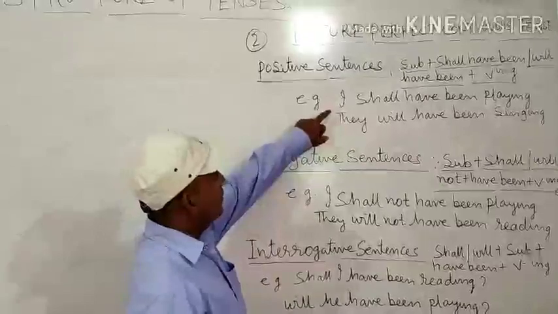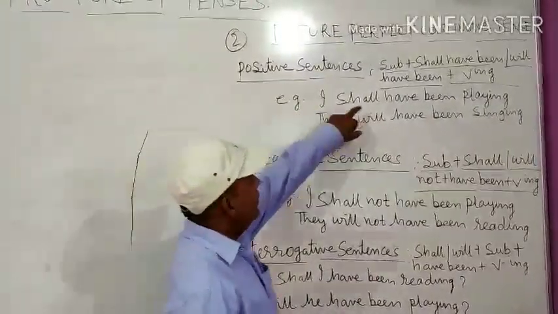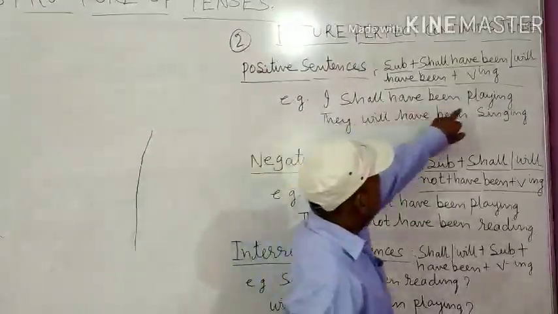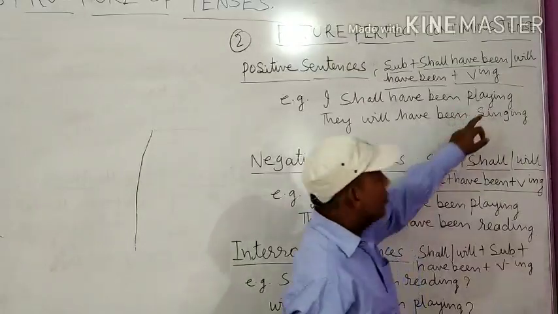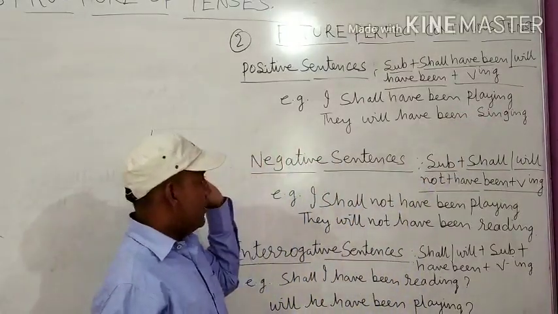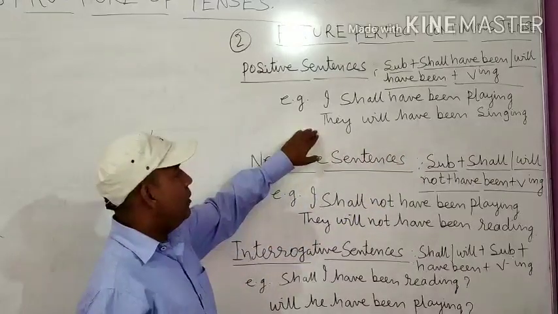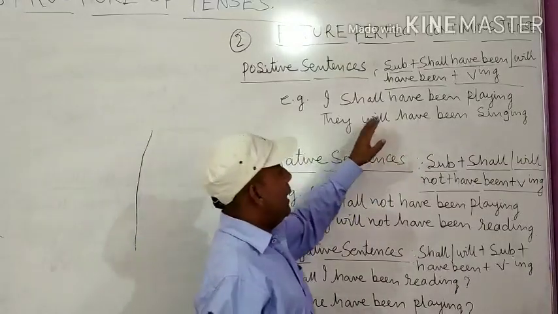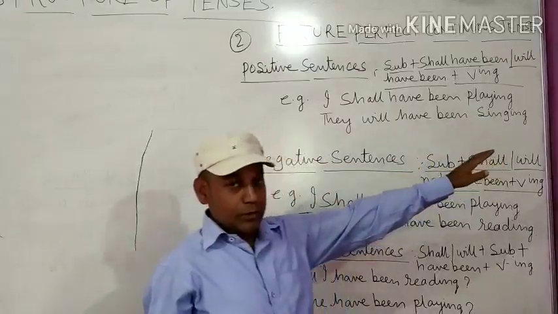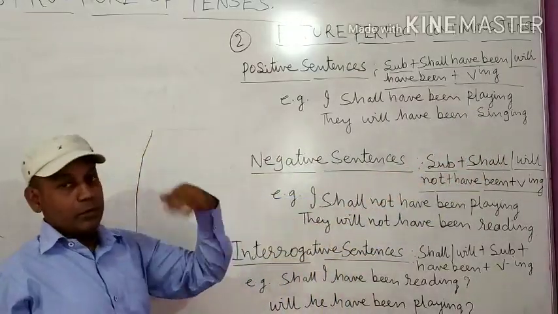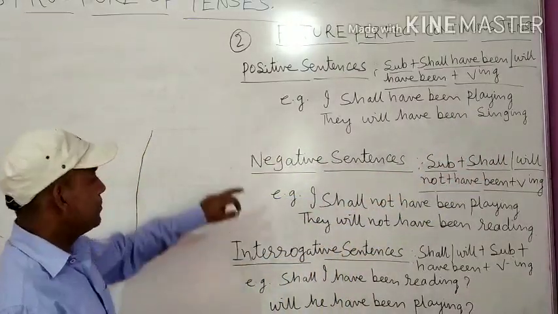For example, here the subject is singular. We will say I. We will say shall have been, and playing is the ing form of the verb. So the sentence will be I shall have been playing. If the subject is plural, we will say they will have been singing. This is talking about any activity which will be going on in the future.